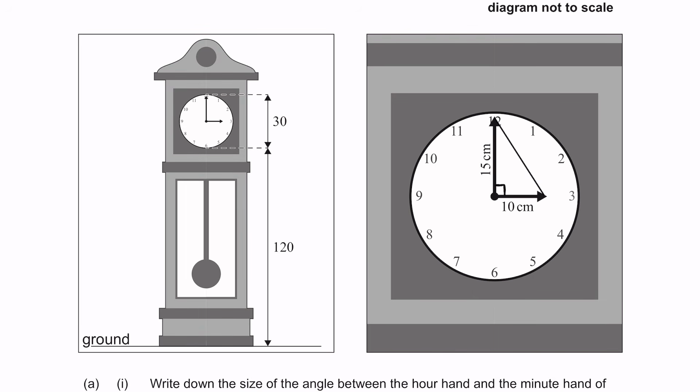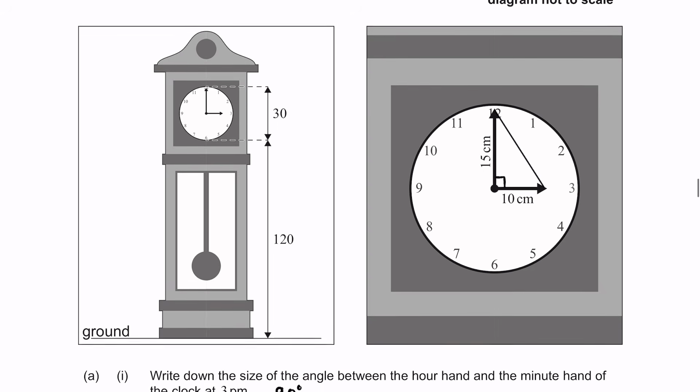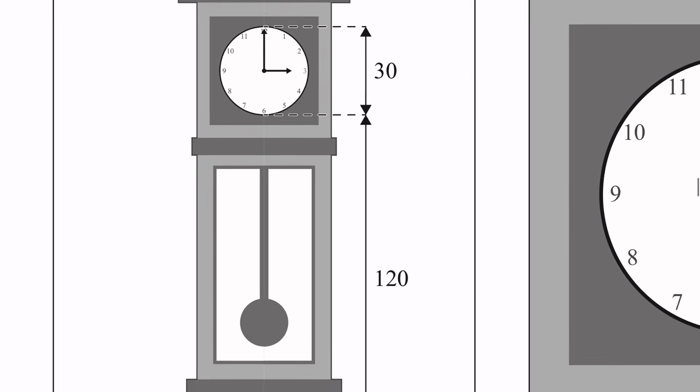Okay. So the dial itself starts at 120 off the ground, and the hour hand is 10 centimeters in length. So what is the highest point that this hour hand reaches? Well, it's going to reach its highest point, and it's here. This is going to be 10 centimeters. We know this itself being 30 centimeters. That means half of the dial is going to be another 15 centimeters.